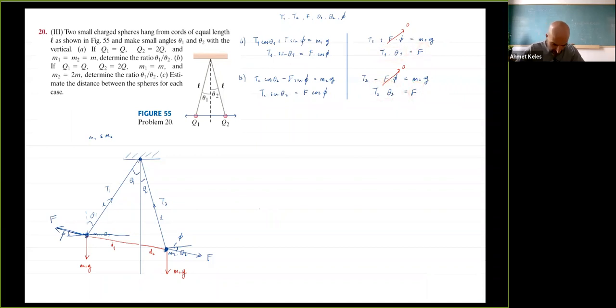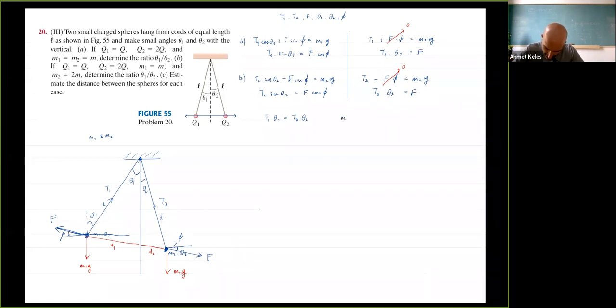So from this, we can already get that T1 θ1 should be equal to T2 θ2. And from the other two equations, T1 is equal to M1G, T2 is equal to M2G, right? So let's write this.